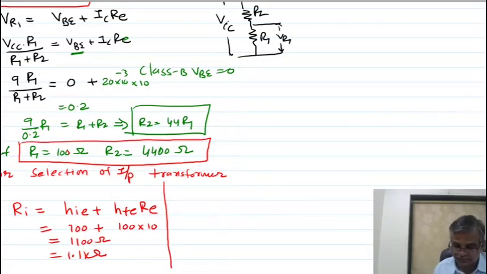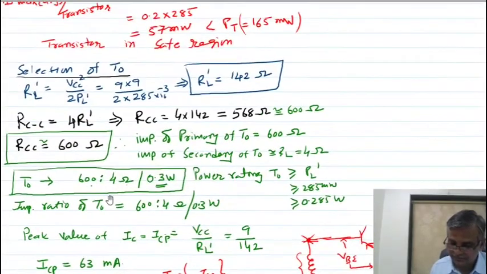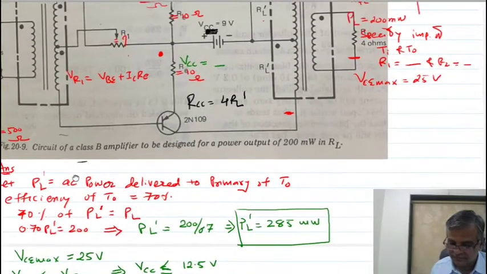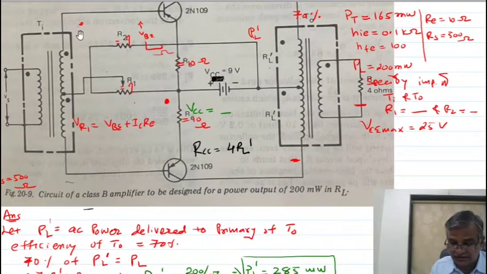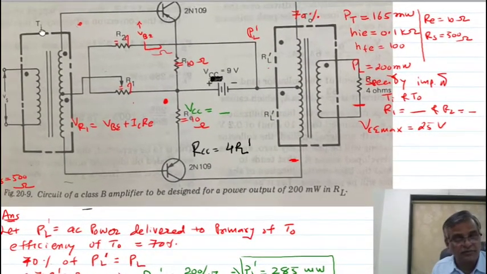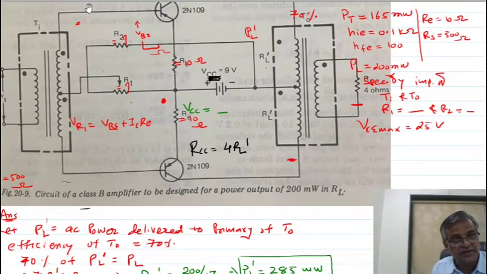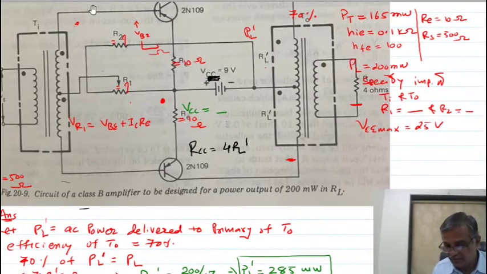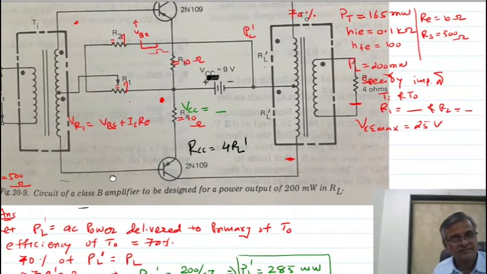Now look, the secondary impedance of the input transformer can be determined by the resistance between the bases of the two transistors.